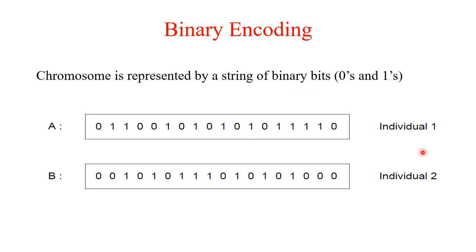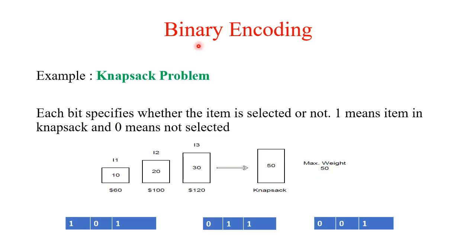For example, individual 1 and individual 2 are in the population and they are represented using binary encoding as so. To implement some problems in genetic algorithms, we have to select a better encoding mechanism for that problem.